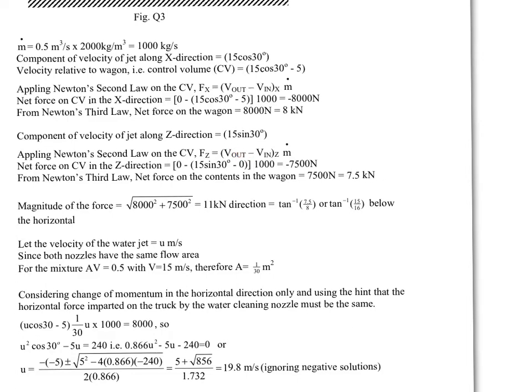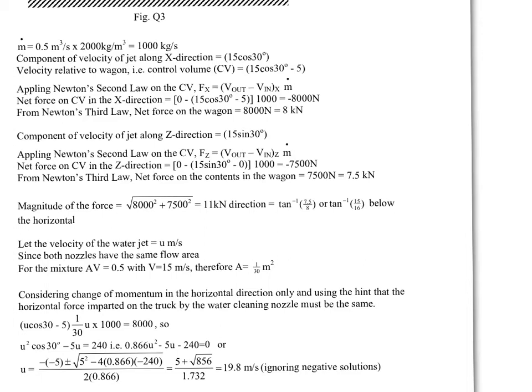Remember, we have defined the z direction as positive down, going in, and we get a value of minus 7,500, or 7.5 kilonewtons.